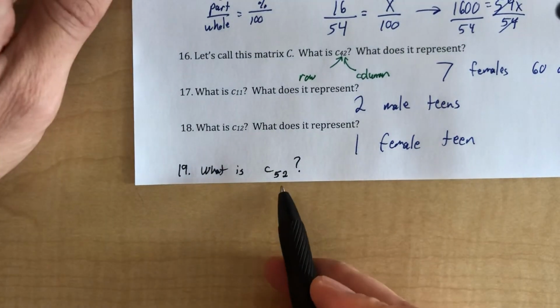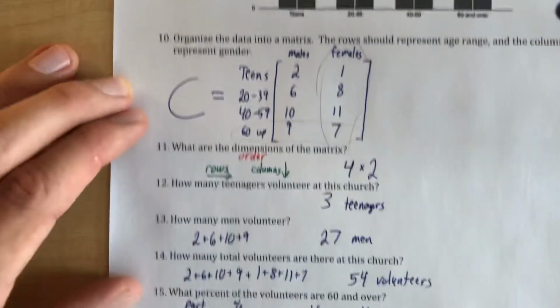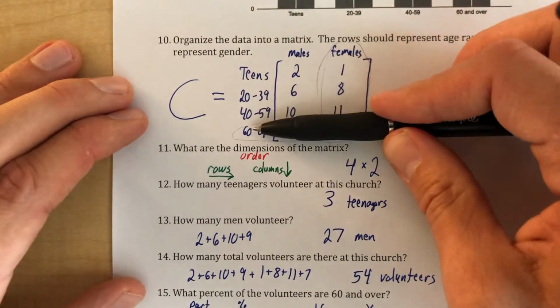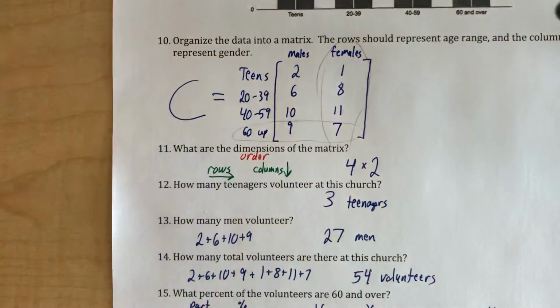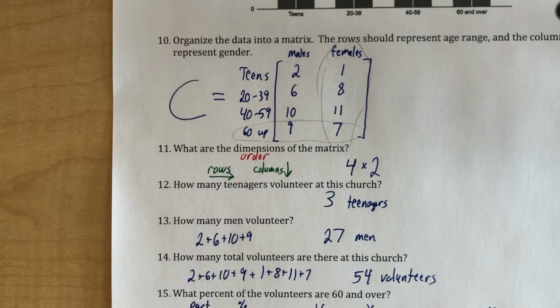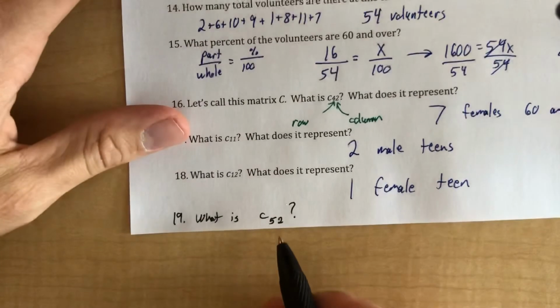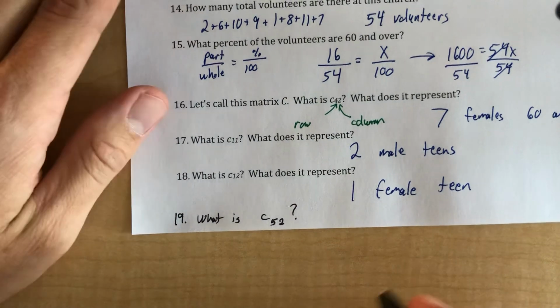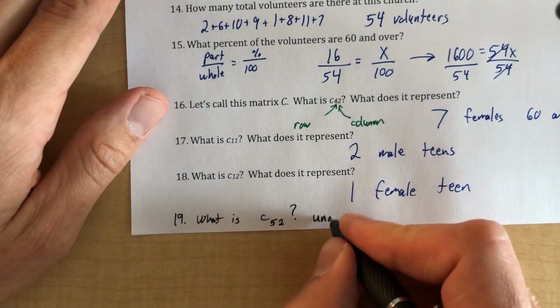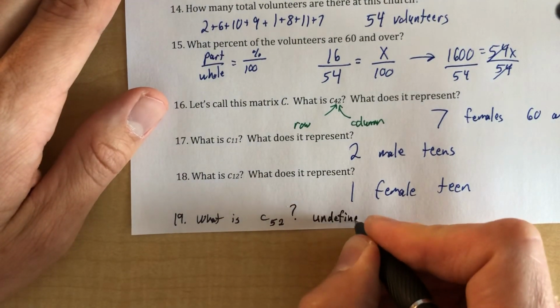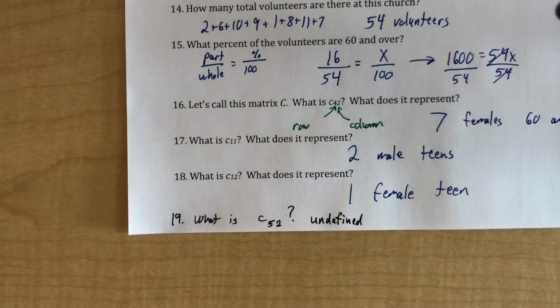So I'm going to go up here to the 5th row in the 2nd column. So 1, 2, 3, 4, 5. No, I don't have a fifth row. So if you don't have enough rows or columns, like if this would have been the third column, you don't have 3 columns, then the answer to that would be undefined. Because I've run out of dimensions. I don't have enough rows or enough columns. There you go.